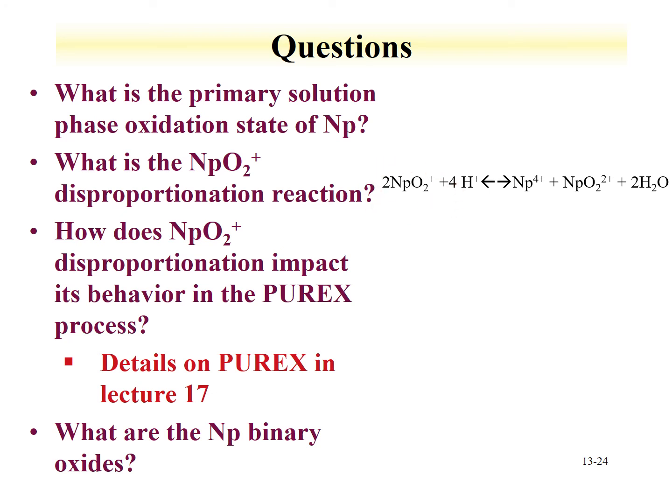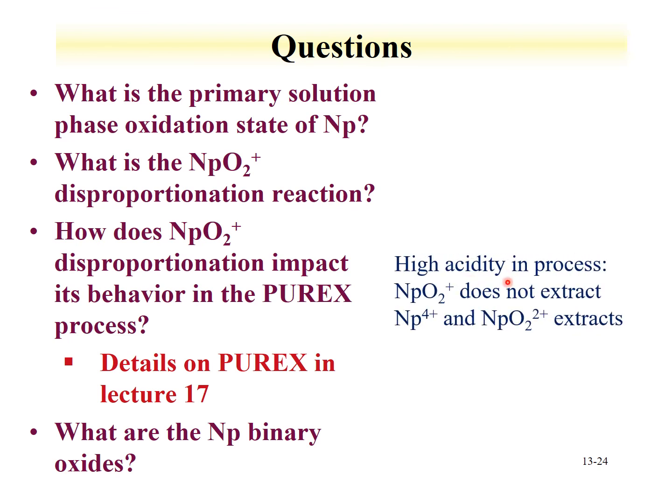However, the process is acidic, so you can get disproportionation of neptunium to the 4 and to the 6 oxidation state, and both these extract. So in this high acidity process, Neptunium-5 does not extract, while Neptunium-4 and 6, like plutonium-4 and uranium-6, extract in the PUREX process. So if neptunium undergoes disproportionation, it can actually go into both the aqueous and the organic phase of the process.